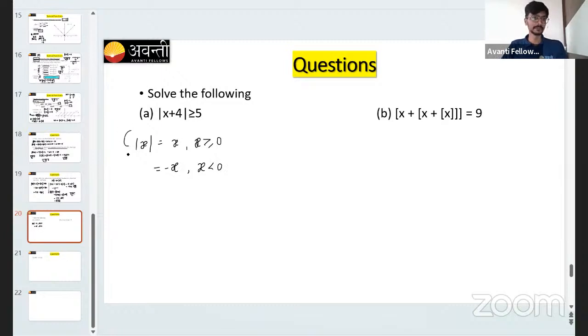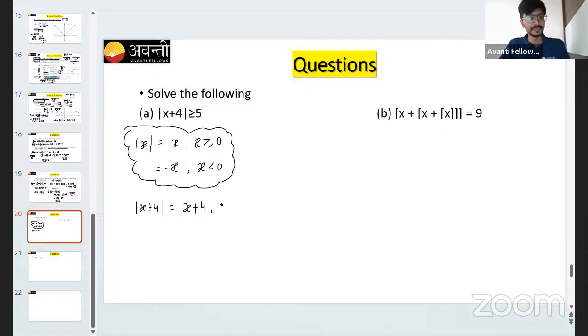So use this definition. Here हमारे पास x की जगह पे कौन है? x plus 4. So no issues. Let's use x plus 4 in place of x. So what I'll get is mod of x plus 4 will be equal to x plus 4 if x plus 4 is greater than or equals to 0, meaning x is greater than or equals to minus 4.